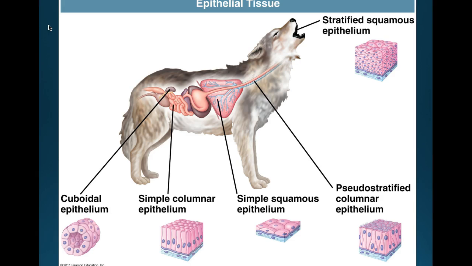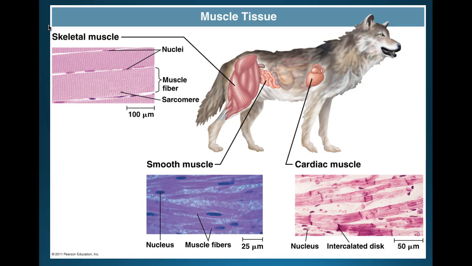And not being able to lose fluid is really important for our digestive system and for our bodies. Epithelial tissue also protects our body from pathogens, things like bacteria, viruses, or any other microorganisms that could cause us harm and disease.